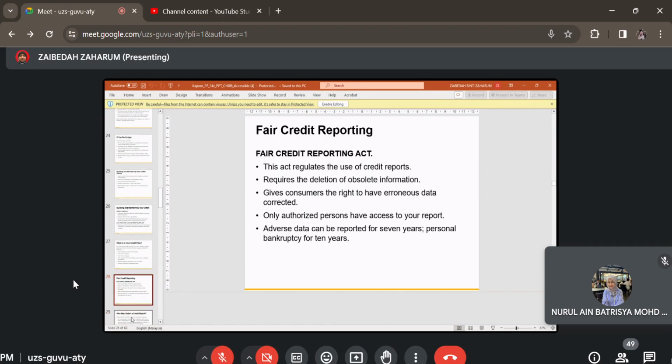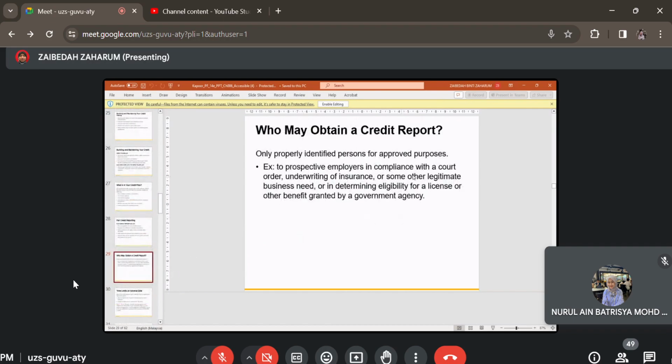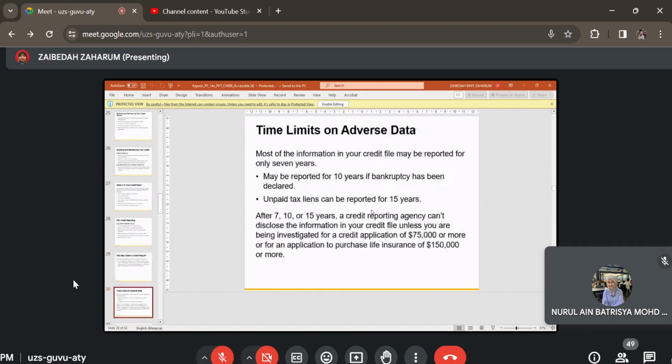Alright. Okay. Ni tadi saya cakap who may obtain credit report, saya dah bagi tahu lah tadi. Okay. And then, okay, time limits on adverse data ni tadi, sekiranya kita ada informasi regarding kita punya credit file tadi, selalunya dia akan reported for only 7 years. Okay. Dan maybe reported for 10 years sekiranya bankruptcy has been declared. Okay. Dan ianya termasuklah sekiranya kita ada cukai kita tak bayar yang have been reported for 15 years.